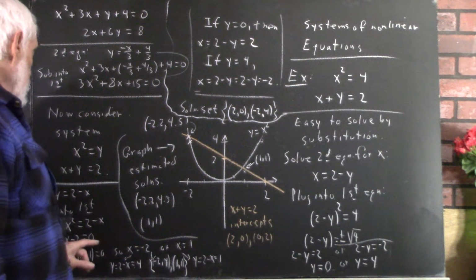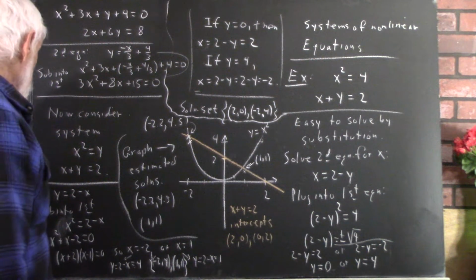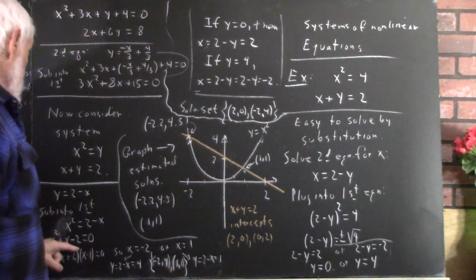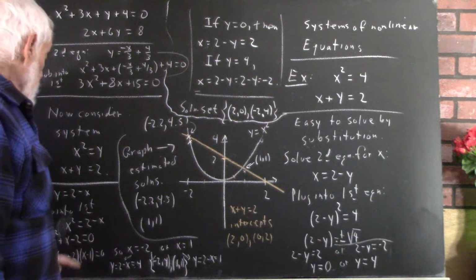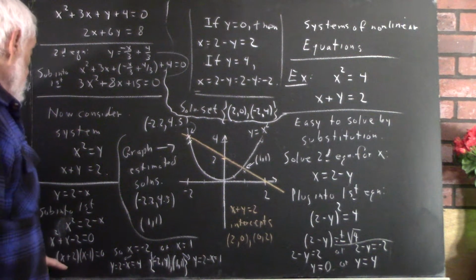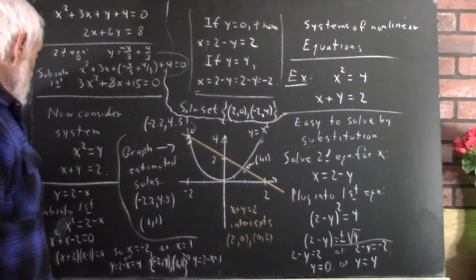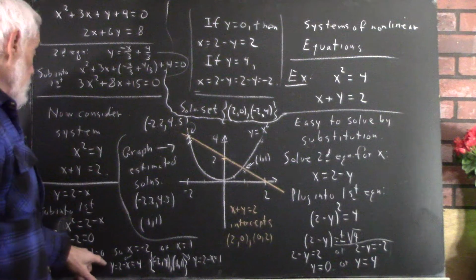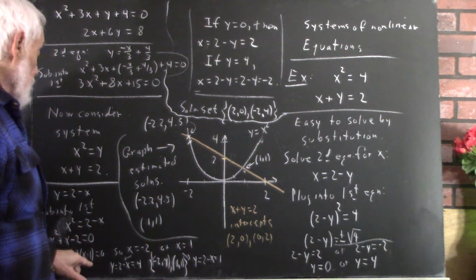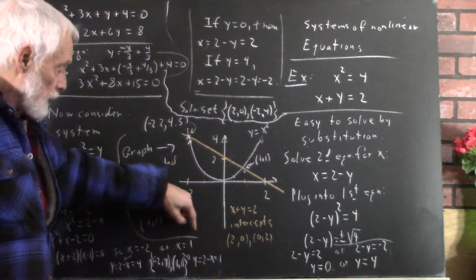We put it into standard quadratic form in preparation to use the quadratic formula if necessary. But in this case, we recognize that this expression is easily factored. X squared plus x minus 2 gives (x plus 2) times (x minus 1). That's equal to 0, meaning that x plus 2 is 0, or x minus 1 is 0. We conclude that x is negative 2 or x is 1.